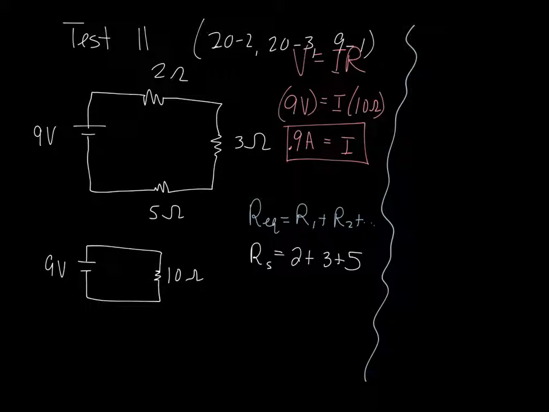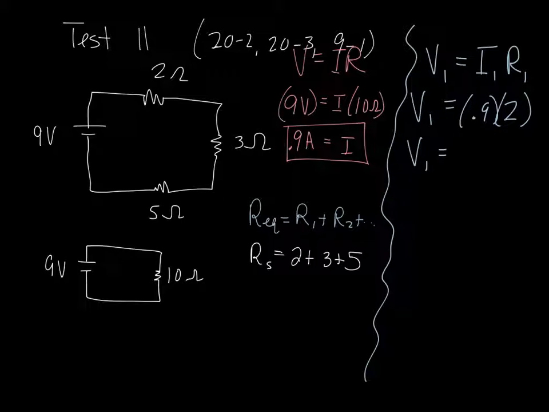I'm going to do that over here. So the voltage across the first resistor is the current across the first resistor times the first resistance itself, which is V equals IR. But because we're in series, the current for all of these resistors is going to be 0.9. Well, the first resistor I'm going to use as 2. Okay, the top one.